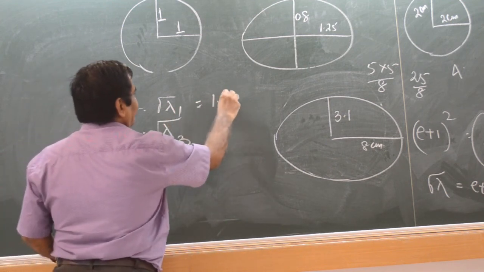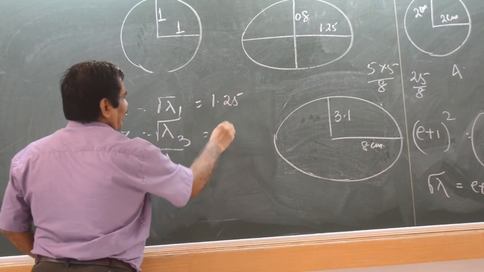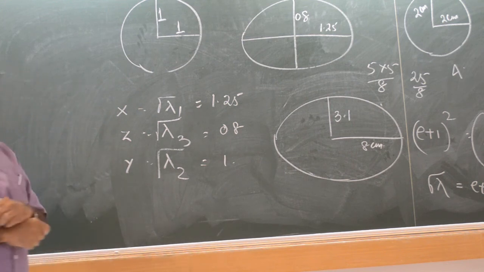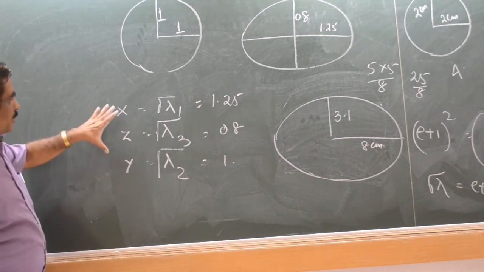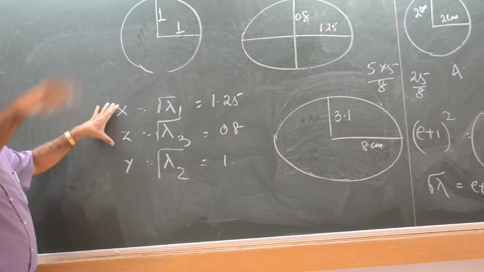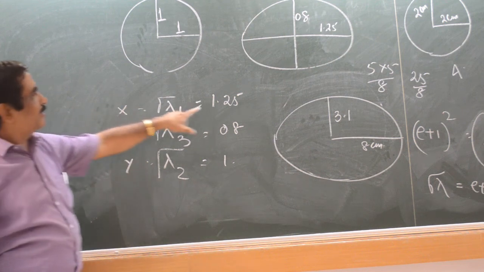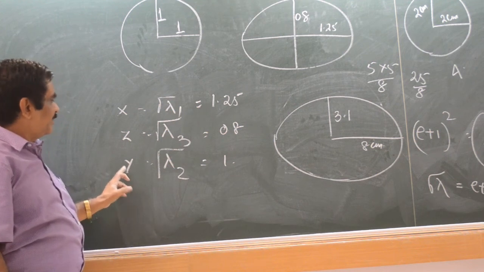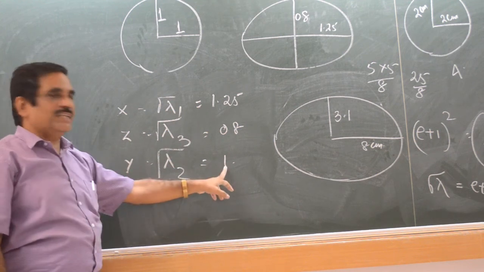This is equal to 1.25, this is equal to 0.8, this is equal to 1. देखो, considering an ellipse, x becomes root lambda 1, z becomes root lambda 3, y dimension remains same, so that is 1.